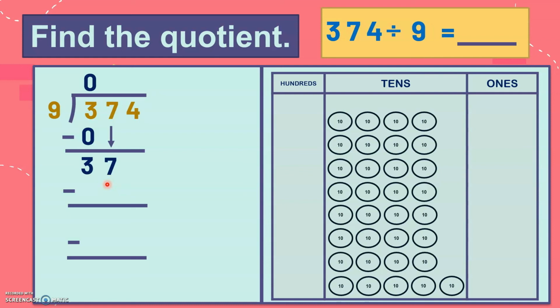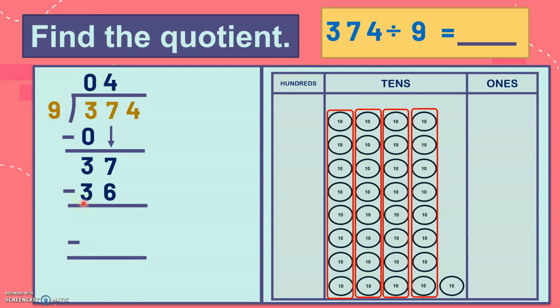So, let's see. 37 divided by 9 is equal to 1, 2, 3, 4. So, 4, and 4 times 9 is equal to 36. So, 37 minus 36 is equal to 1. The remaining 1 ten here. Then, 1 cannot divide into 9.